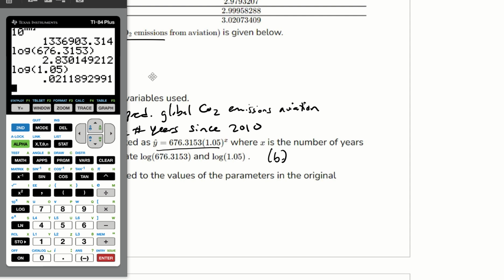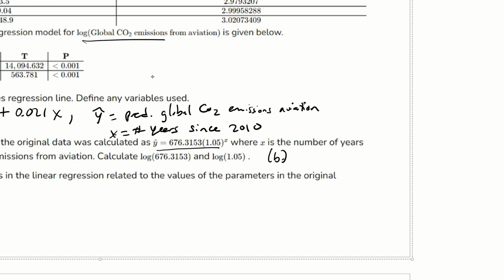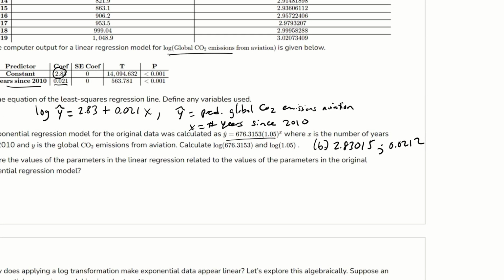All right, so we got 2.83 and 0.0212. I'm just going to write down the two values. The next value was 0.0212. So I just wanted to calculate that.